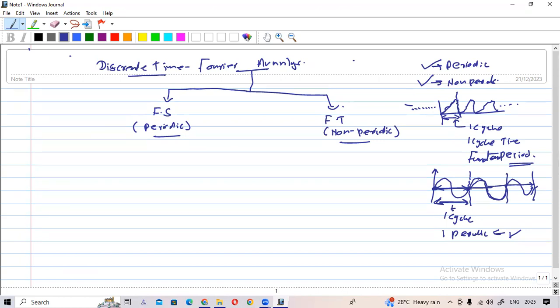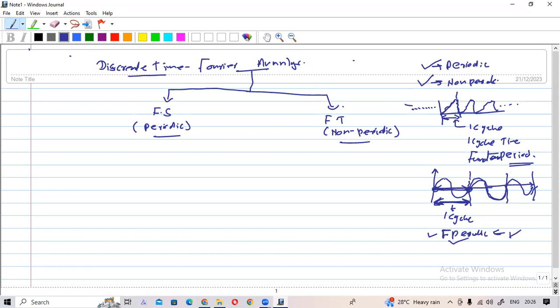You can see that it is also repeating, and this is one cycle. The time width of this cycle is the fundamental period. To find it, we select two consecutive points and measure the time value.